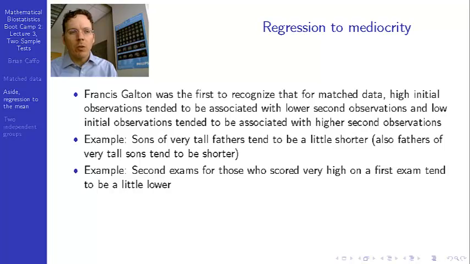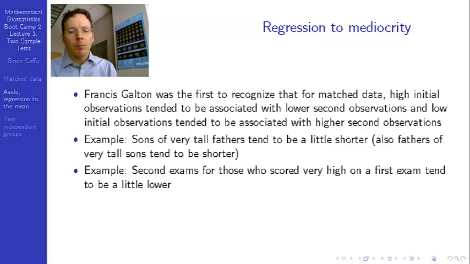Francis Galton is the cousin of Charles Darwin, and he invented quite a few topics in statistics. He was the first to recognize this phenomenon that when you have matched data, high initial observations tend to be associated with lower second observations, and low initial observations tend to be associated with higher second observations.